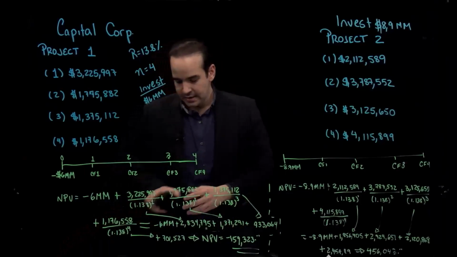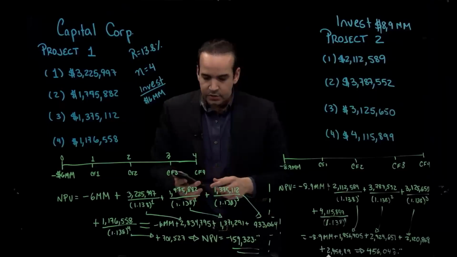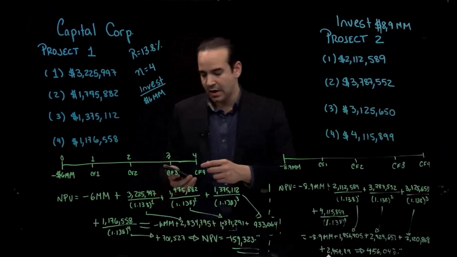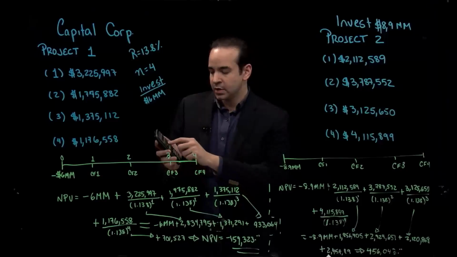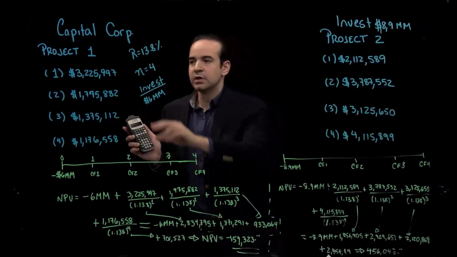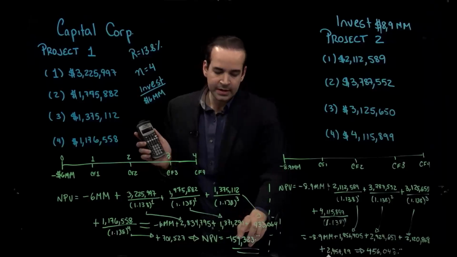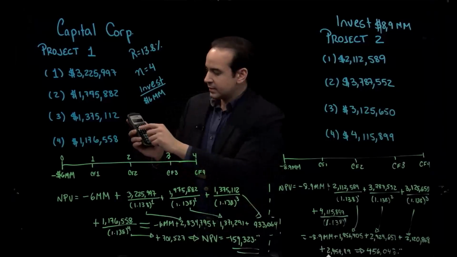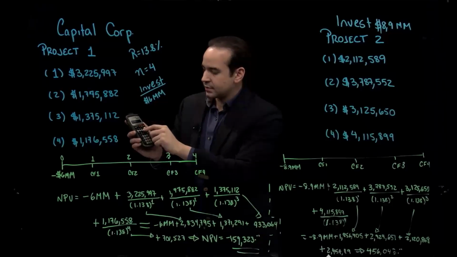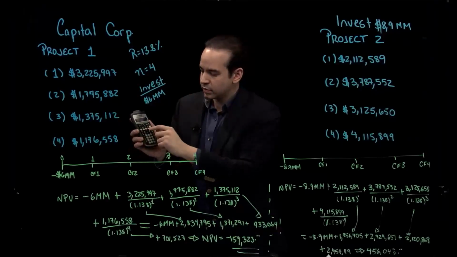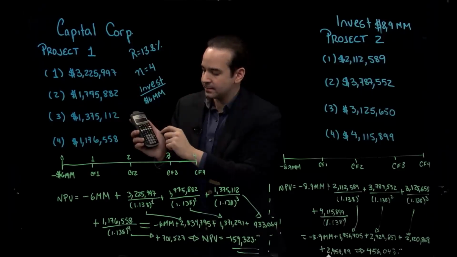Now, let's do one more calculation, which is going to be the internal rate of return. So how do we calculate the internal rate of return? We already have all the cash flows for project 1. So instead of pressing NPV after we plug in all of the values, we're just going to press IRR.